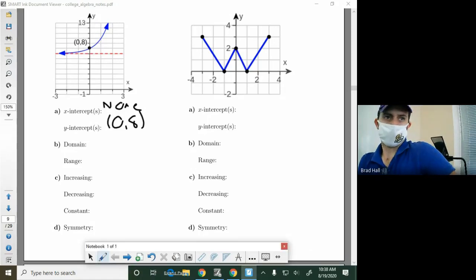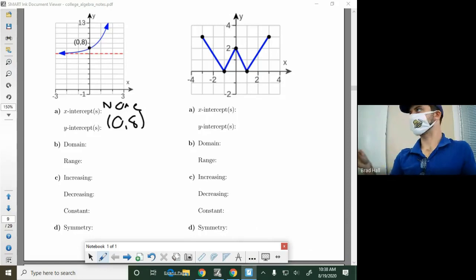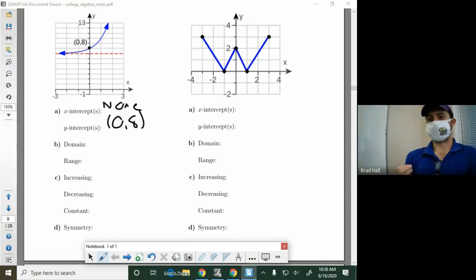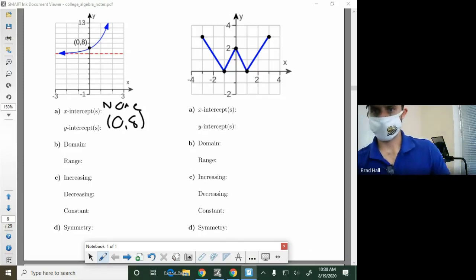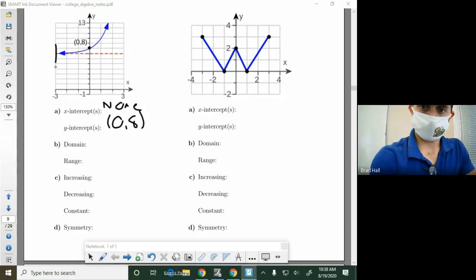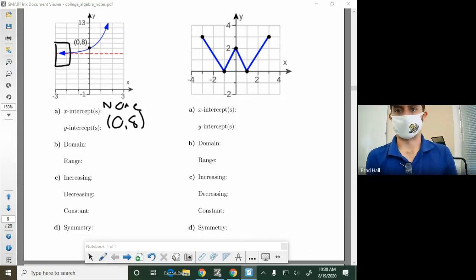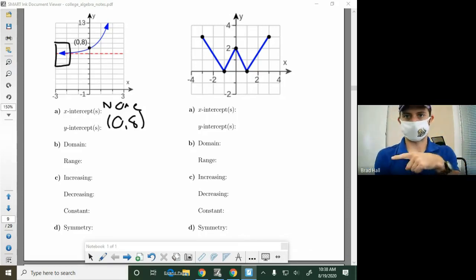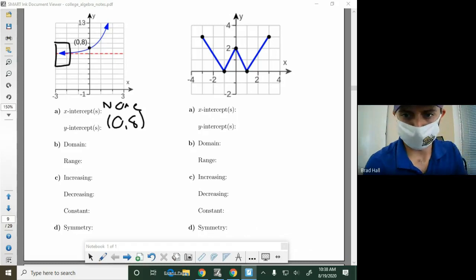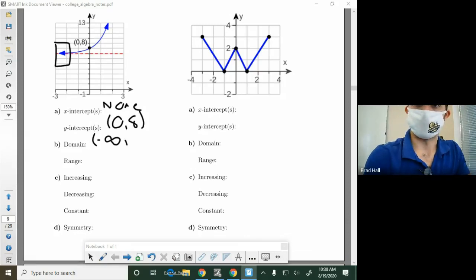The domain, so we talked about this before. Now we're given a graph again. So remember, domain means furthest to the left versus furthest to the right. So furthest to the left we can go, yeah, there's an arrow there. That's definitely going to the left forever. That's negative infinity because it's going to the left. So the furthest to the right we can go, we get another arrow.